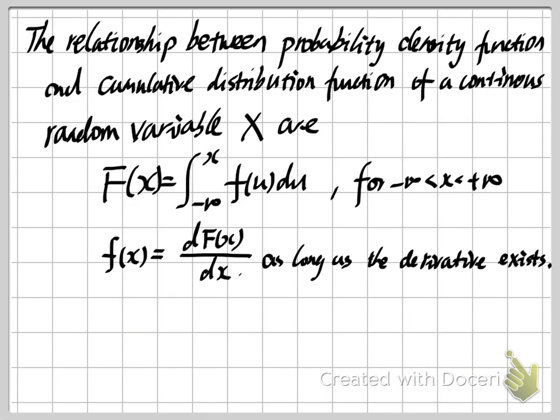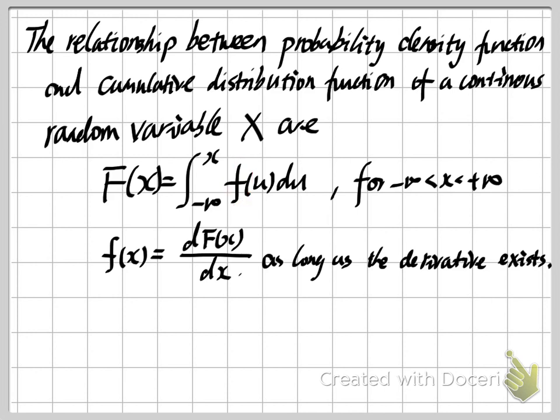If you assume the probability density function of a continuous random variable X is denoted by a small f, and the cumulative distribution function is denoted by capital F, then when we have a PDF, we can use calculus to help us compute the CDF at any value x.